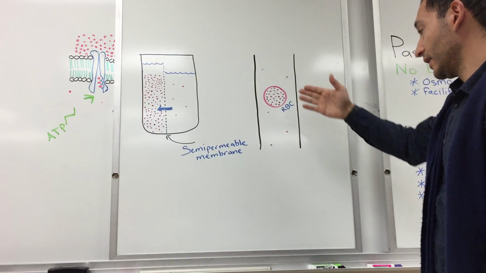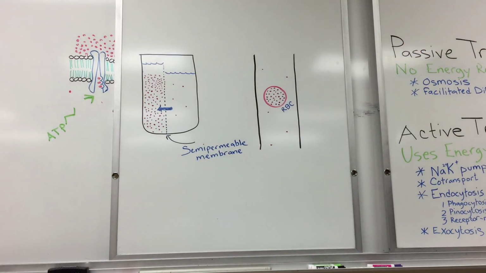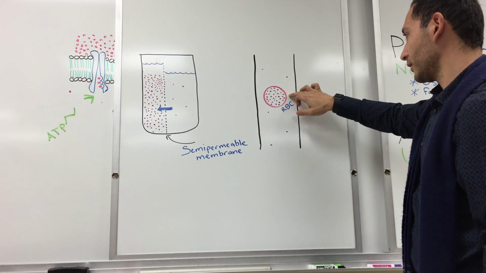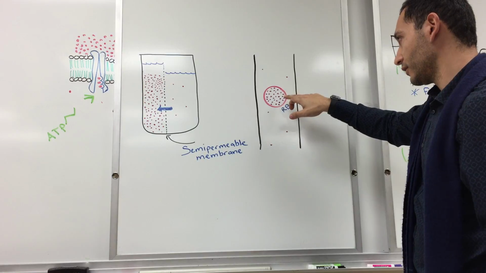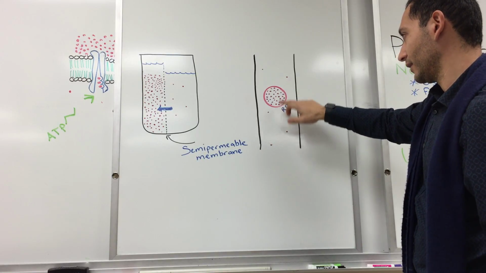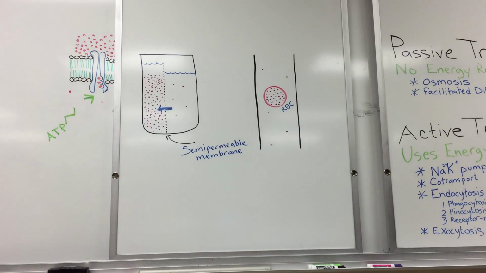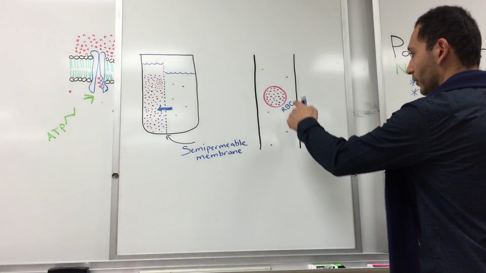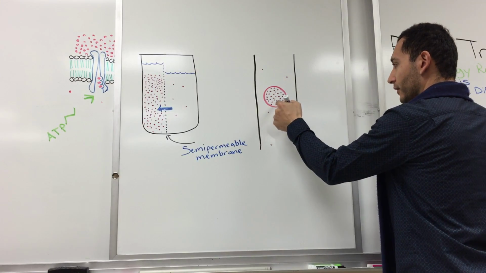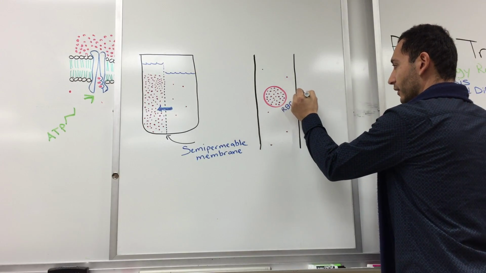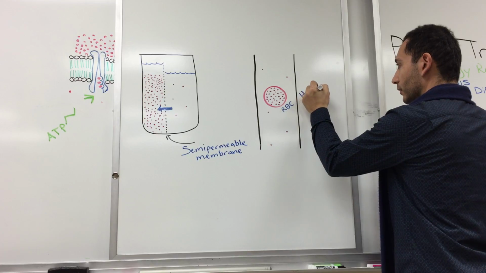The red blood cell in this scenario is said to be hypertonic. The word hypertonic refers to the solute, and relatively speaking, it is hypertonic to the outside of the cell, or the extracellular. So in this example, this red blood cell is hypertonic.